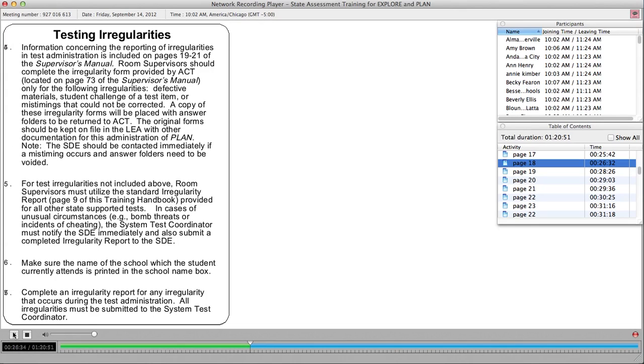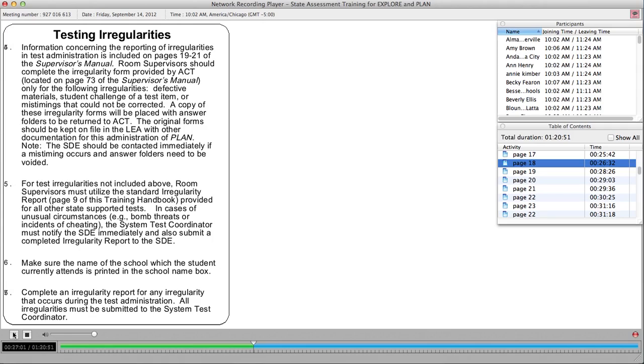Testing irregularities. There are two for any of the ACT tests, both Plan and Explore. ACT has a special irregularity form that needs to be sent back with the answer folders that are going to be scored, and that's located on page 73 of the Plan Supervisor's Manual and page 65 of the Explore Supervisor's Manual.